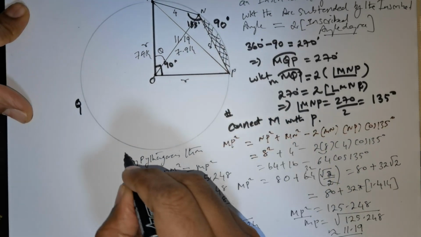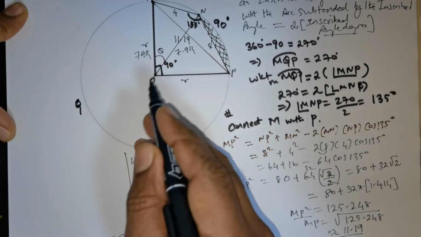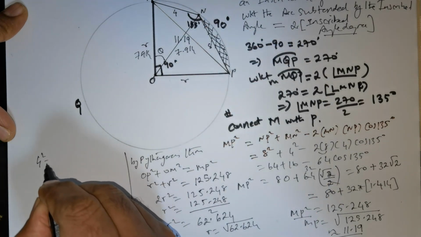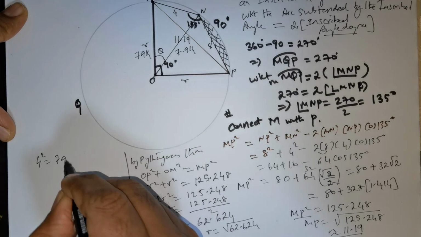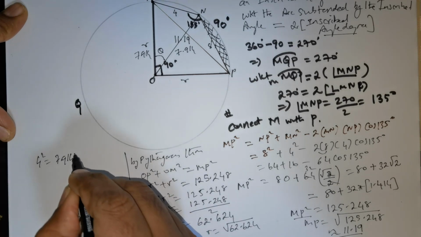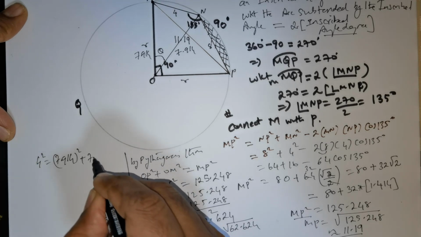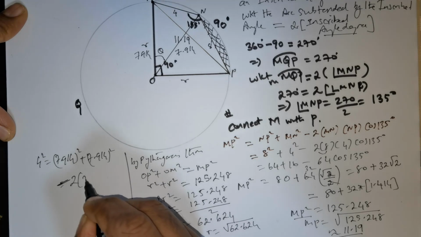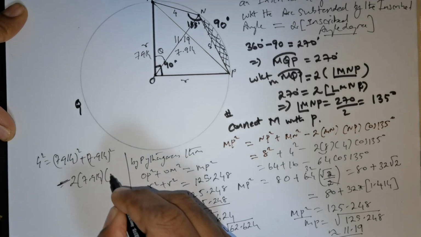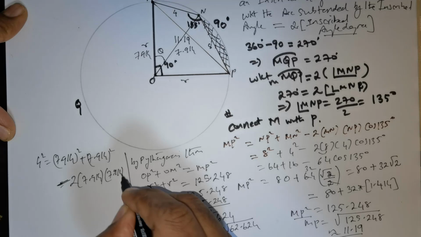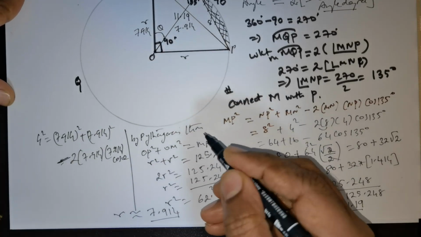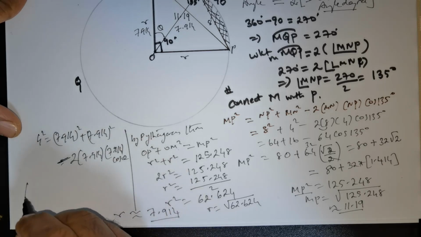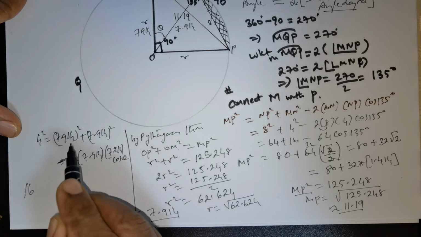If I were to write the cosine rule, this side, 4 squared is equal to 7.914 squared plus 7.914 squared minus 2 times 7.914 times 7.914 times cos theta, and theta is required. So this is going to be 16, right?